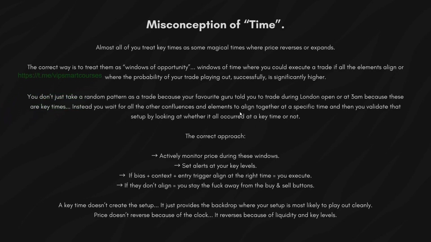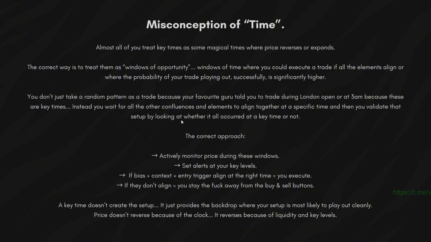So you can see that the time aspect here is only the last validating confluence, which only validates the setup by looking at whether it formed at a key time or not. It's not the actual reason which begins the idea. Instead, it only validates the idea.